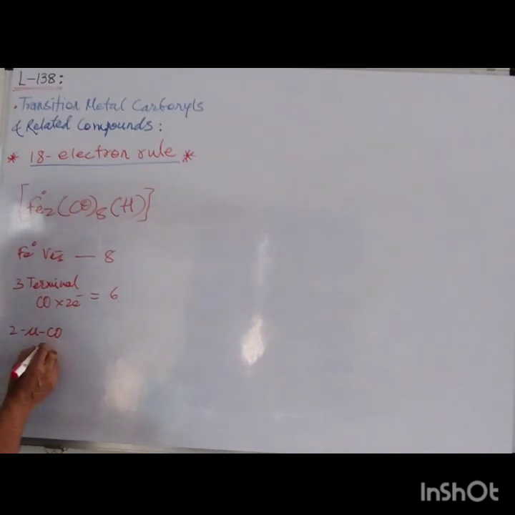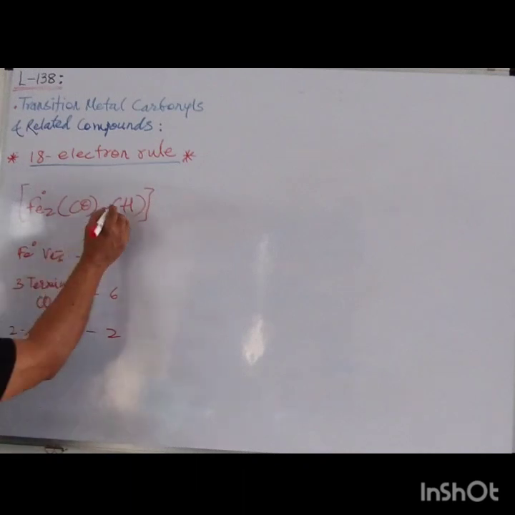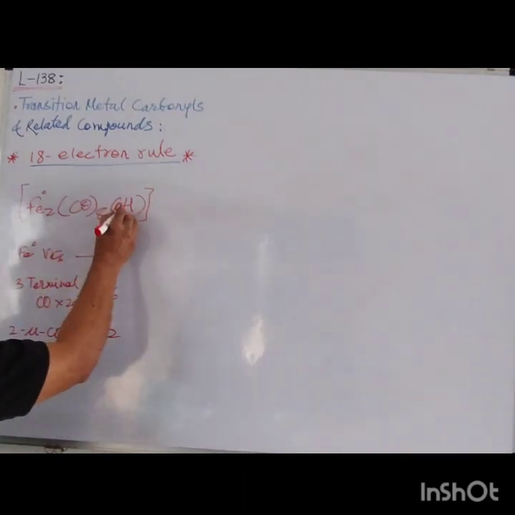So they will contribute 1 electron each. So 2 into 1 will give us the 2 electrons. Then there is mu H bridging. This is mu H.